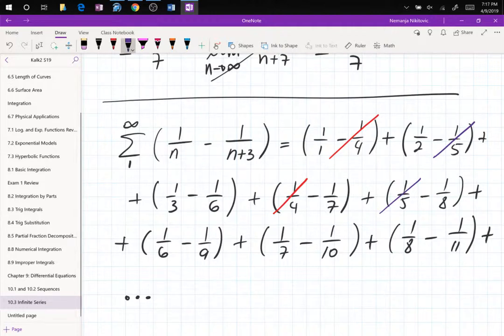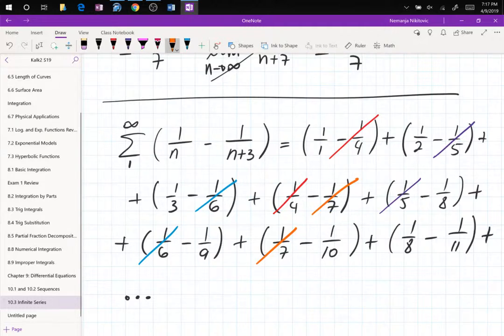Now the blue one, a 6 and a 6, gone. And here is finally what I was waiting for: 1 over 7 with 1 over 7. This is the first time when both cancel. As soon as you hit that one, everything after that is guaranteed to cancel.